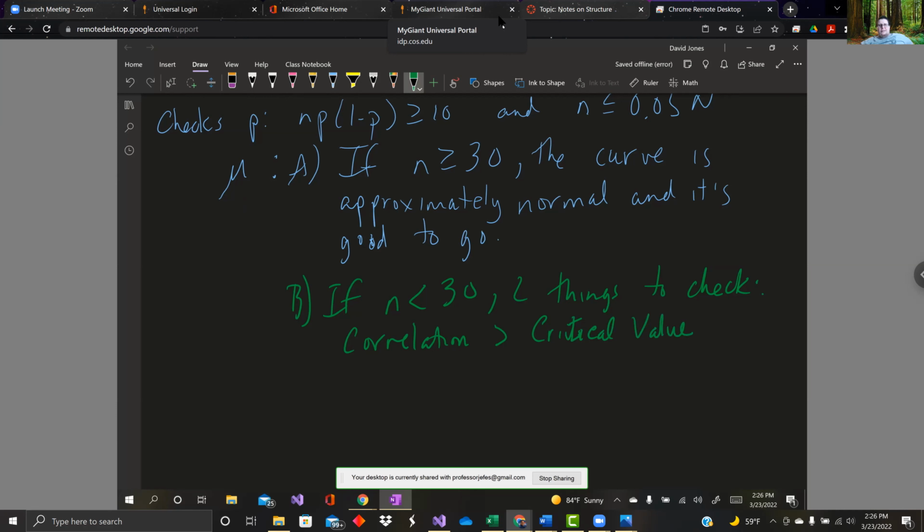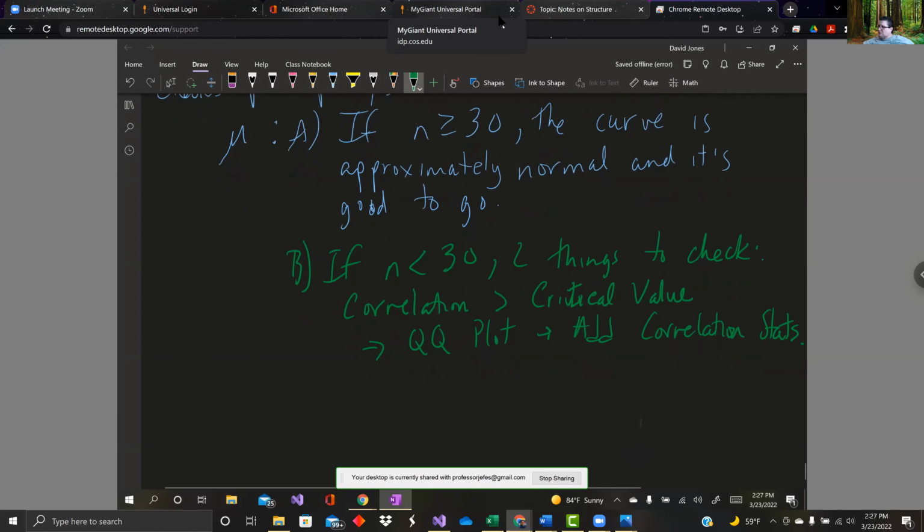And we just got done doing this in chapter 4, just like a week and a half ago. This is easy to look at on a QQ plot, and you click on add correlation statistic. And you might have to look up the critical value on that table in that handout.